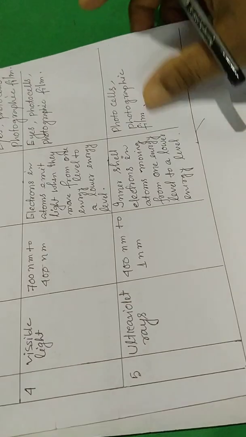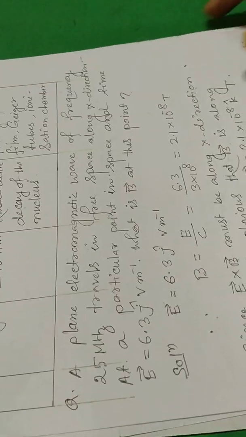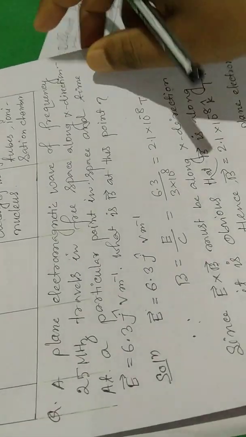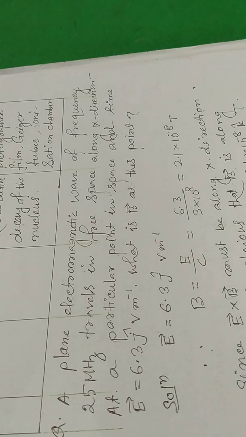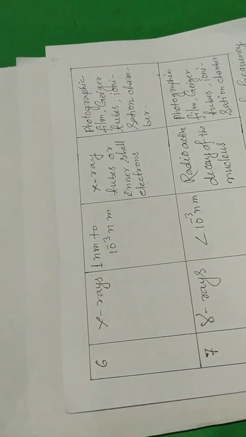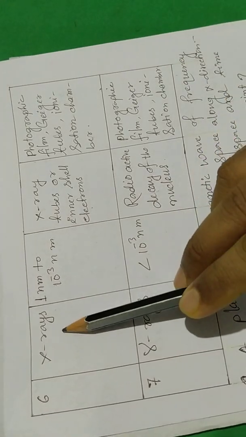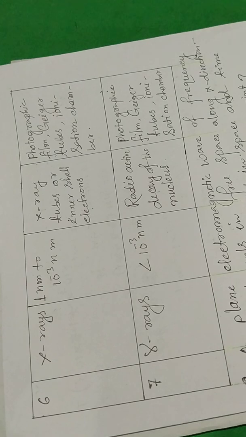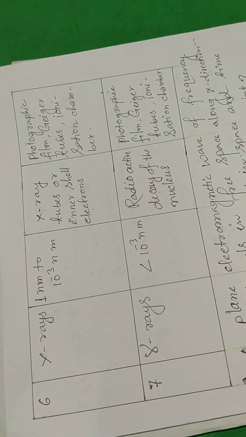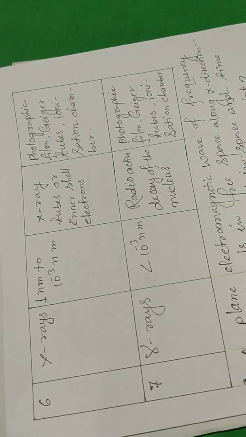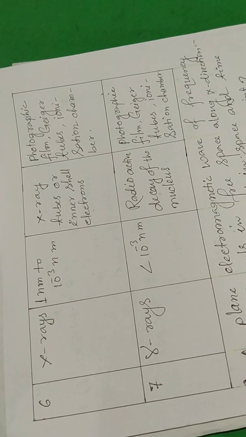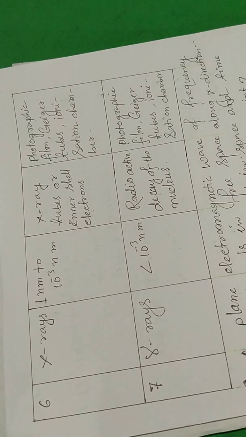Now, number 6, X-rays. The region of X-rays lies beyond the ultraviolet region of the electromagnetic spectrum.